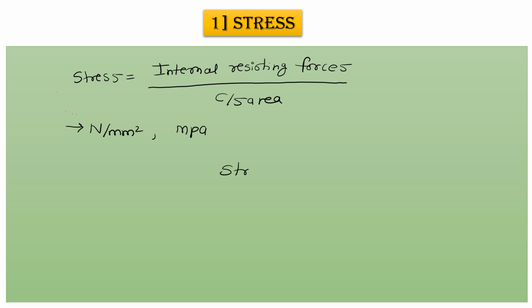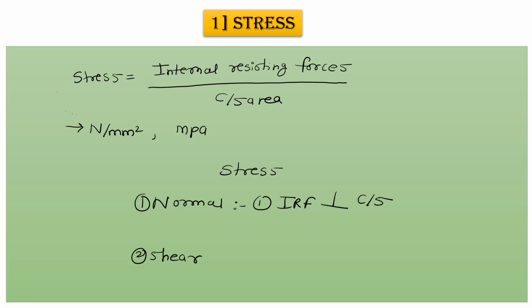Stress is divided into two types. First is normal stress and second is shear stress. In normal stress, the internal resisting force is perpendicular to the cross-sectional area, and in shear stress, the internal resisting force is parallel to the cross-sectional area.